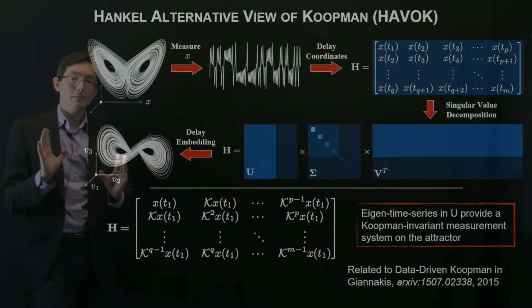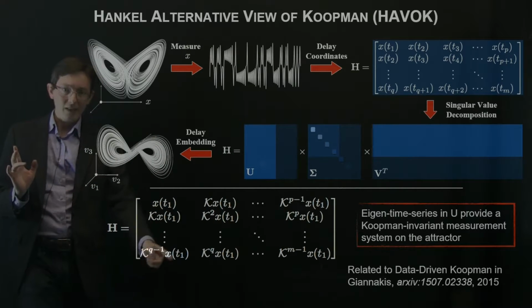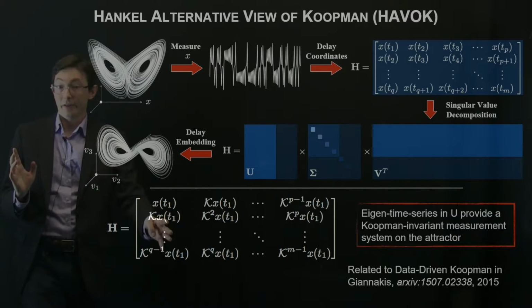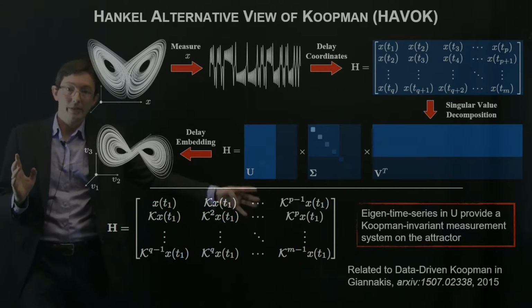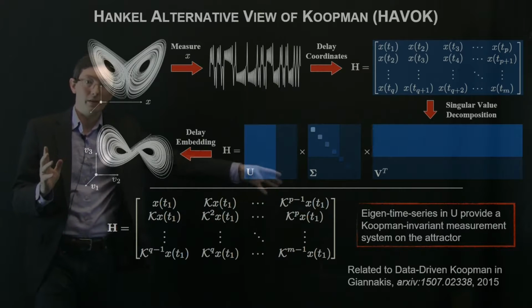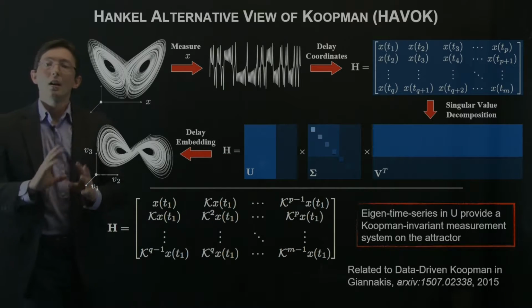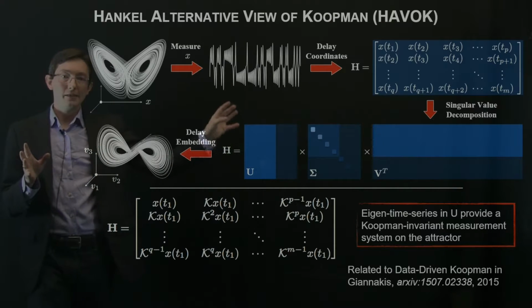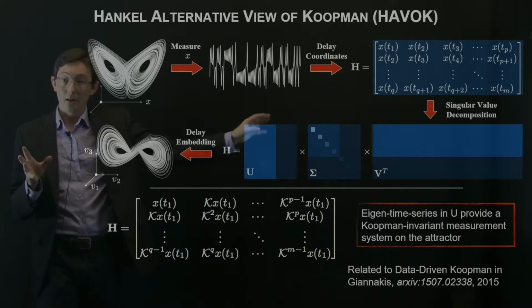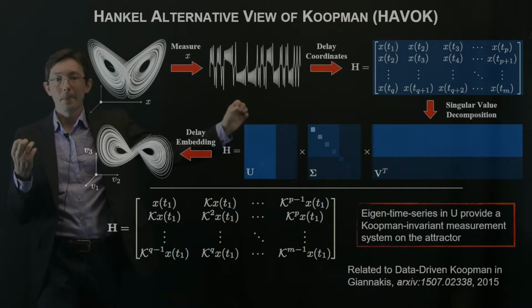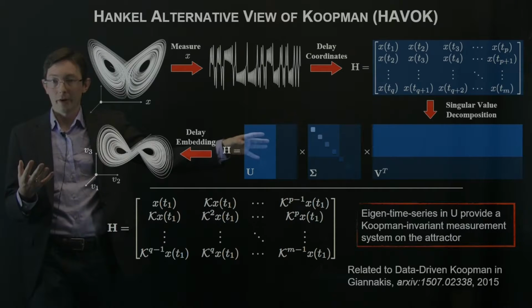Very cool. And what this means is that essentially the second column of this Hankel matrix is just Koopman acting on the first column. The third column is Koopman acting on the second, and so on and so forth. I act on all of these columns by Koopman, and I get the next column. And what that's telling me is that these 15 leading columns of U, these leading eigen-time delays, are invariant to the Koopman operator.